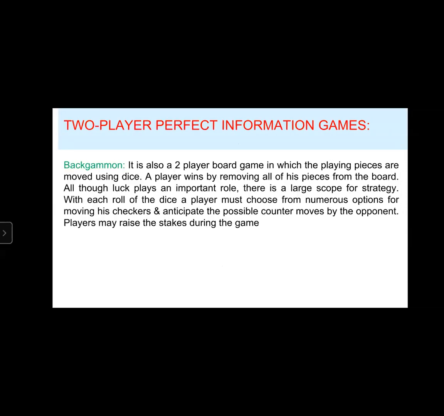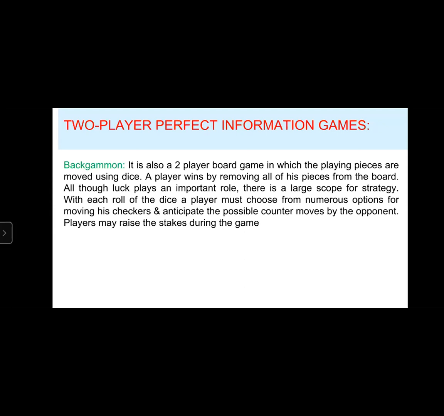The next two-player game, backgammon. Here, it is also a two-player board game in which the playing pieces are moved using dice. A player wins by removing all of his pieces from the board. Although luck plays an important role here, there is a large scope for strategy.